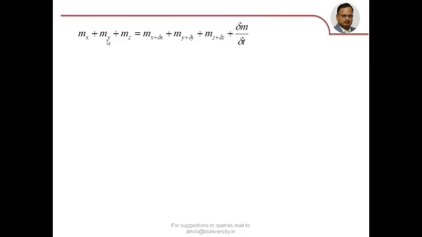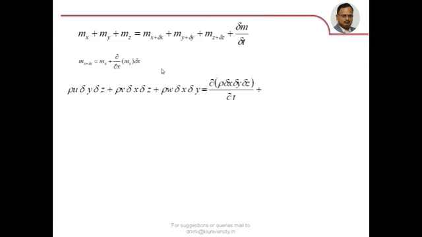Mass entering in x direction plus mass entering in y direction plus mass entering in z equals mass leaving at x plus dx, y plus dy, z plus dz, plus the rate of change of mass within the control volume. M at x plus dx is mx plus dou by dou x of mx into del x. M at y plus dy is my plus dou by dou y of my into dy.